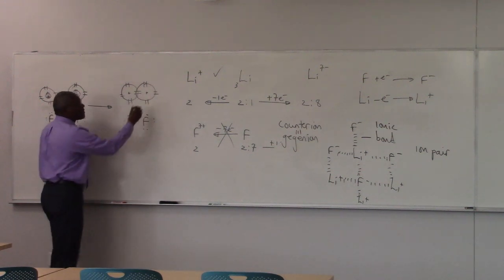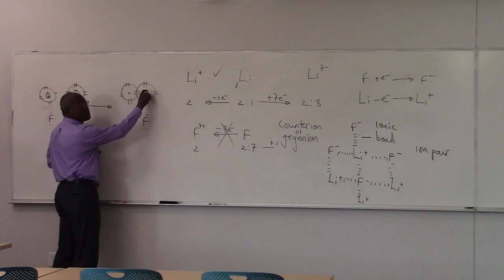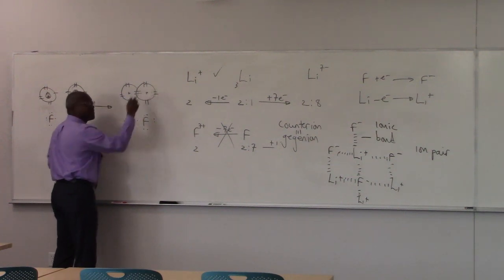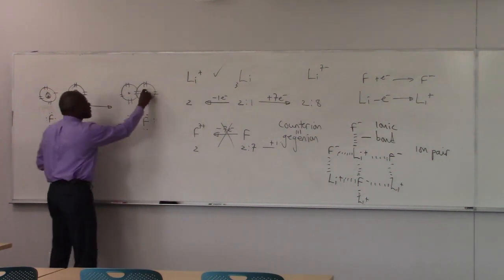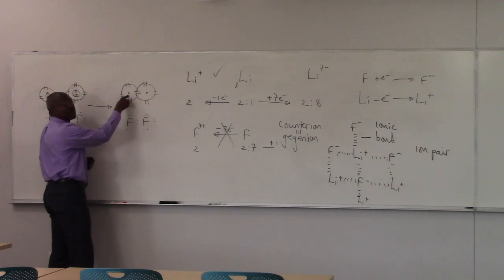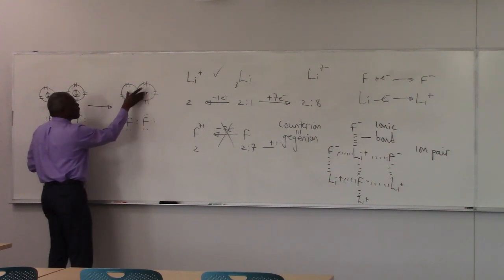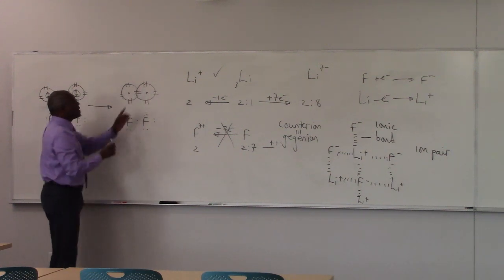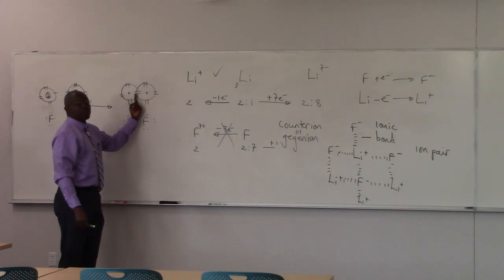So I have a positive nucleus attracted to those electrons, and these electrons are simultaneously attracted to that nucleus. So what we then get is a force of attraction between the nucleus and the shared electron pair.